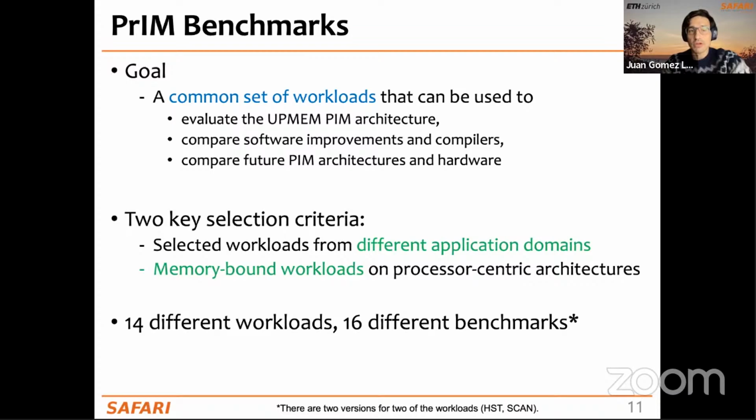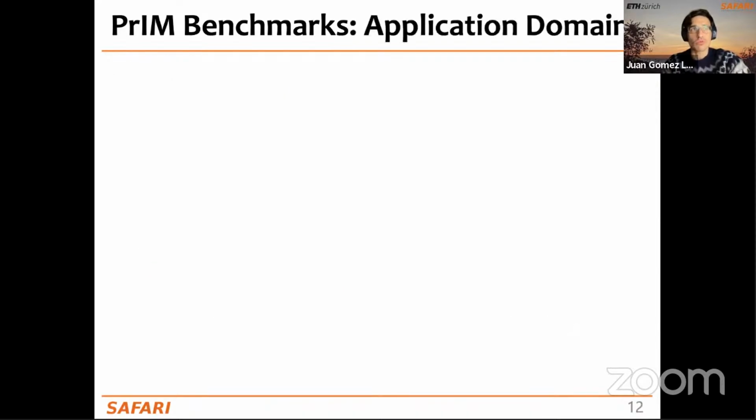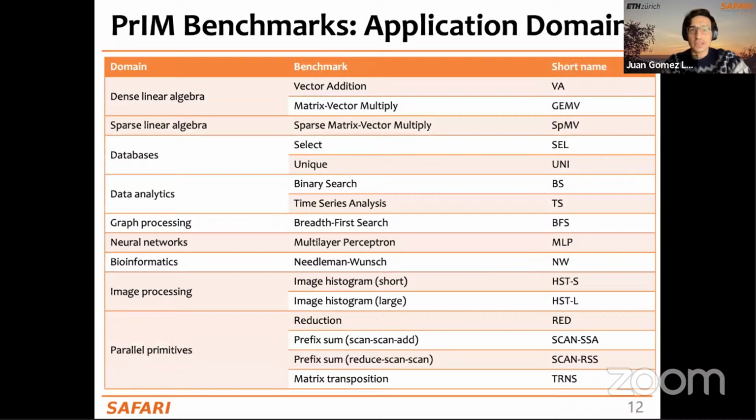In total, the PIM benchmark suite contains 14 different workloads and 16 different benchmarks, because as you will see, we have two versions of two of the workloads. And this is the list of benchmarks. As I said, you can find here different domains like sparse and linear algebra, databases, data analytics, graph processing, neural networks, and so on.